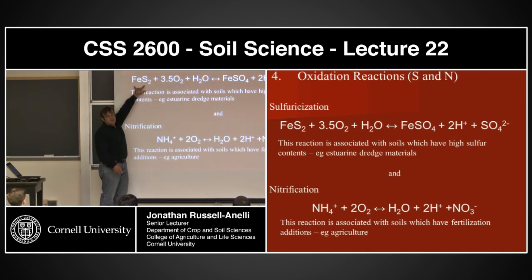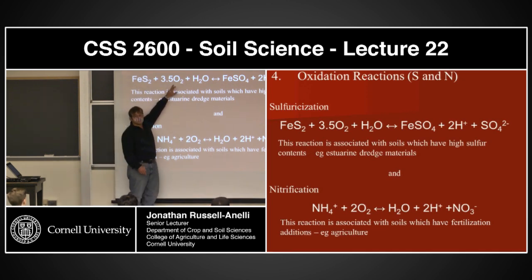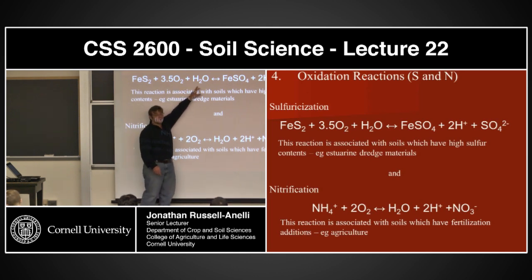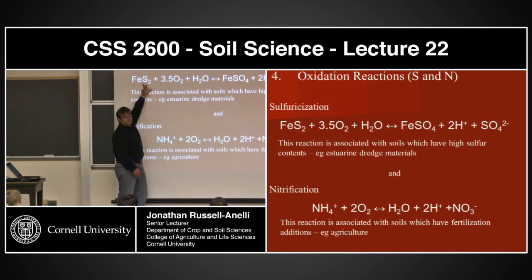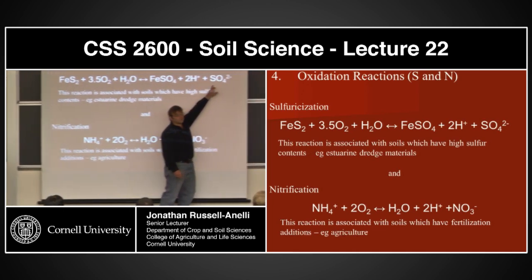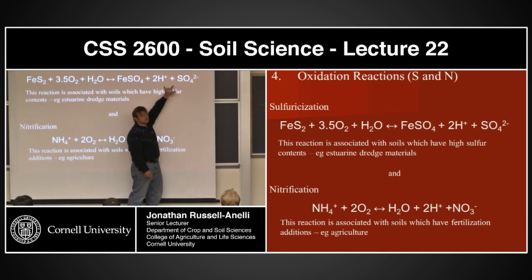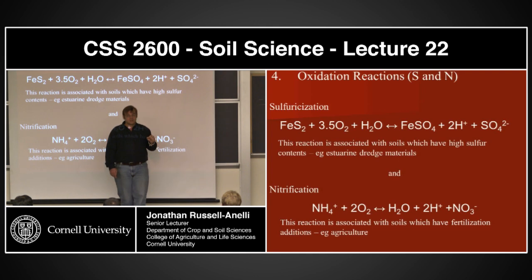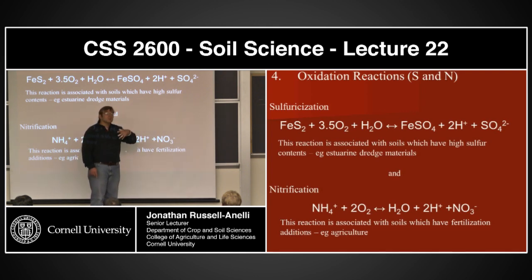If this material gets exposed to the surface where there is oxygen and water, it is going to be oxidized, and in the process of the oxidation, it's going to make sulfuric acid, H2SO4. This is a strong acid. The protons are going to completely dissociate, and as a result, I'm going to be acidifying the situation.